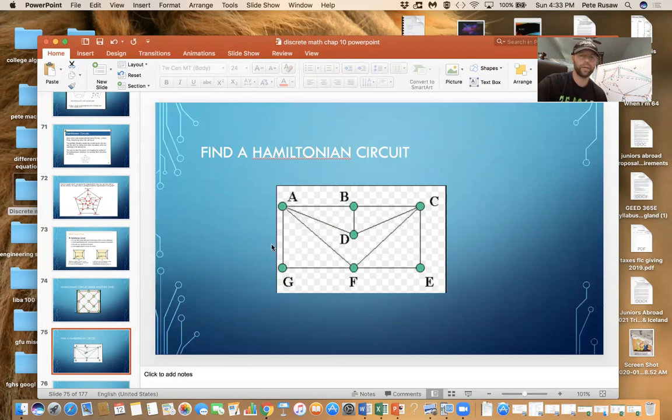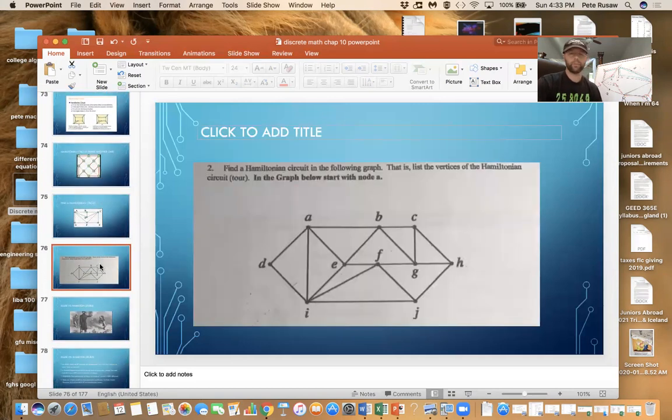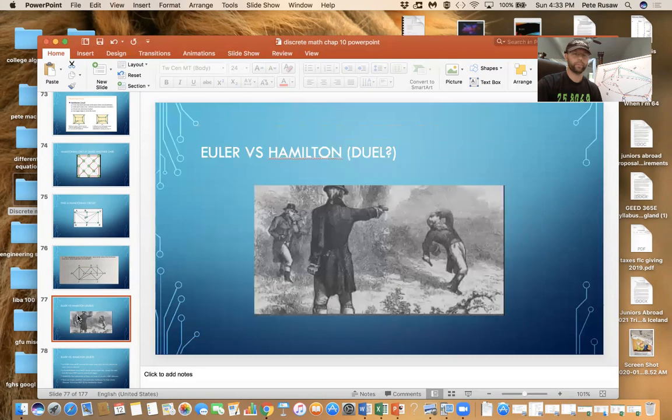You can find a Hamilton circuit here. Just wrap around. You got to get back to where you started. You got to hit all the dots. You can skip as many edges as you want. You can't revisit dots. There are some more practice problems, which you can pause the video and practice on if you want to.